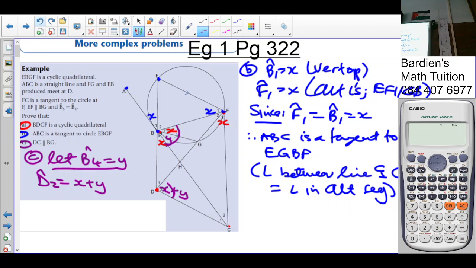Because angles in the same segment, and it's coming from arc CF subtending that. Okay? So there we go. Then we say that F2 is equal to y. Why is F2 y? Tan chord theorem.